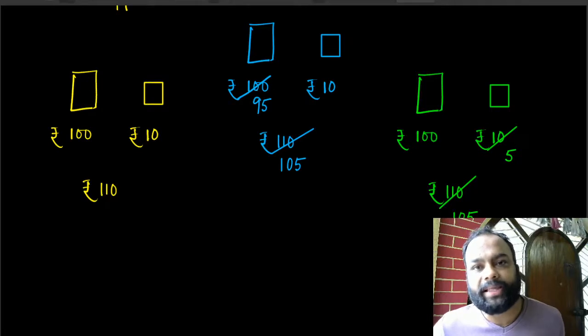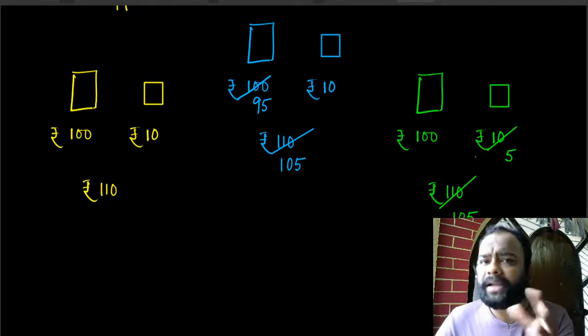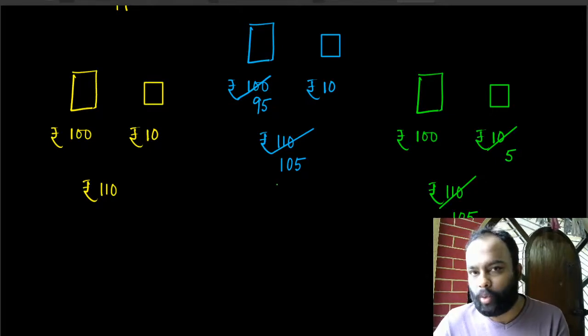So in this shop, you got a total discount of 5 rupees. In this shop also, you get a total discount of 5 rupees, but in a slightly different way, so that the total amount you are paying by going into either of the shops will be identical. You are going to pay 105 rupees no matter what.